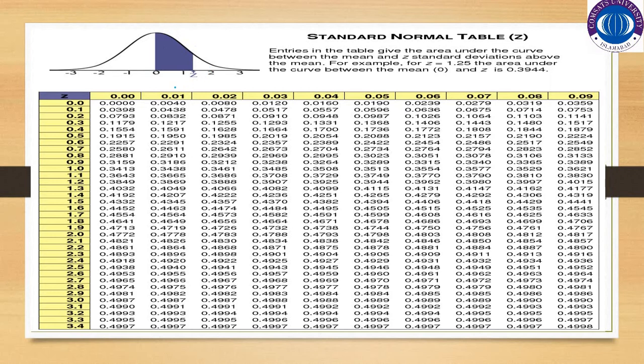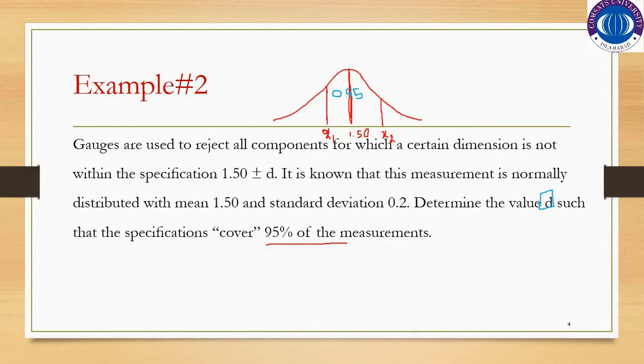So we are bound to use this table in this way, because we can read this table only if we have the area between mean to the specific value z. So for this purpose, we have split this 0.95 into two parts. As d is the same value, we will be adding and subtracting the same value from the mean. So obviously the magnitude will be same, but in opposite direction. This would be negative and this would be positive in the standard normal distribution.